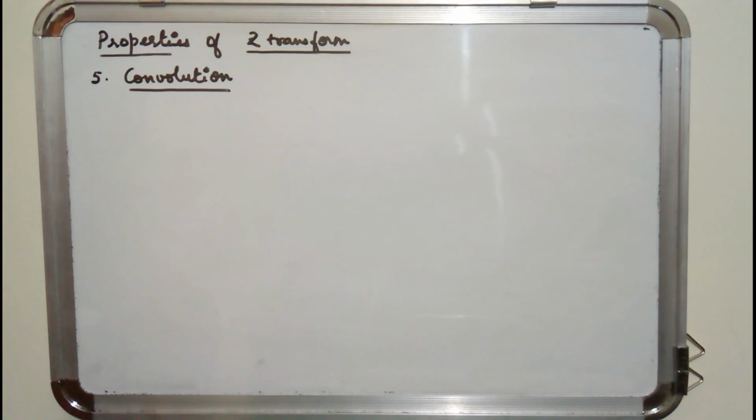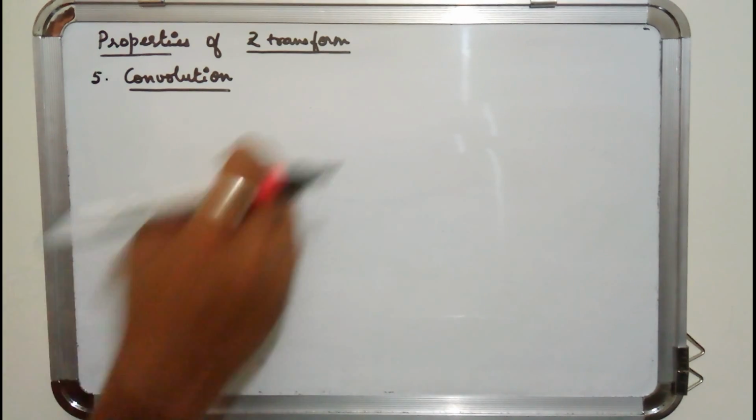So the next property is the convolution property, which you are very familiar with. Convolution in time domain will be equal to multiplication in frequency domain, and a similar thing holds good here as well in case of z domain.